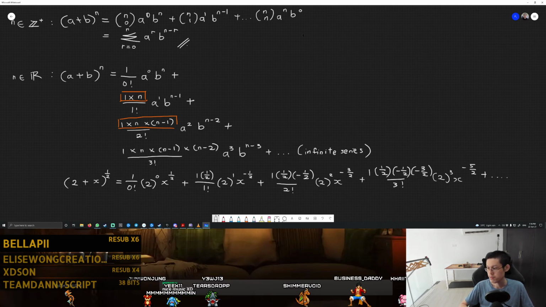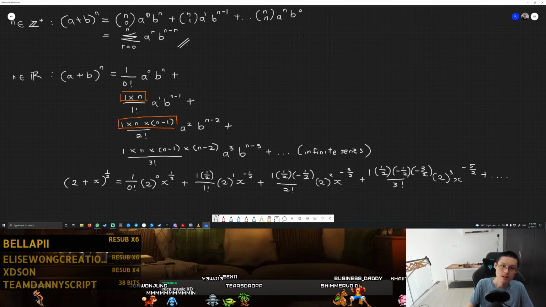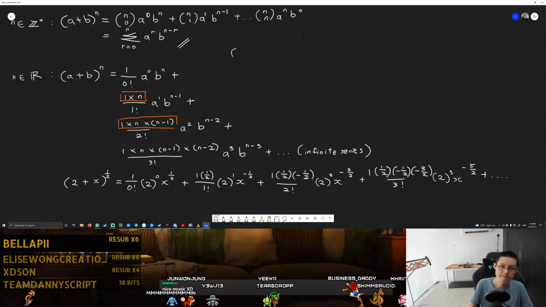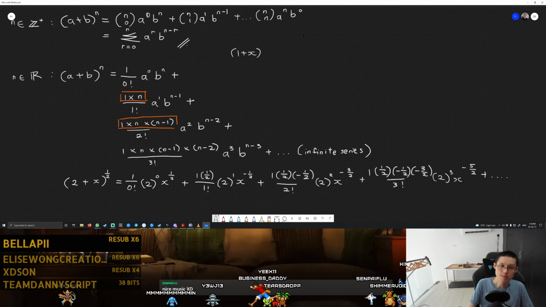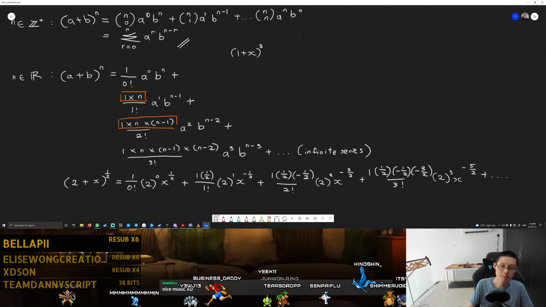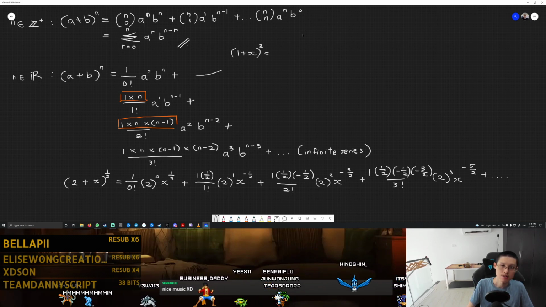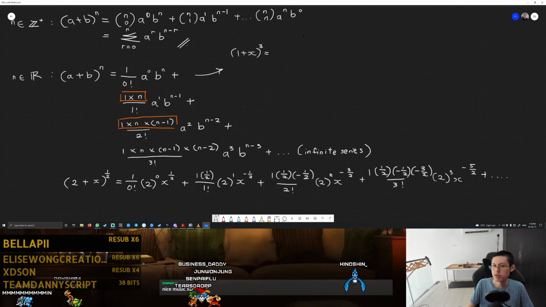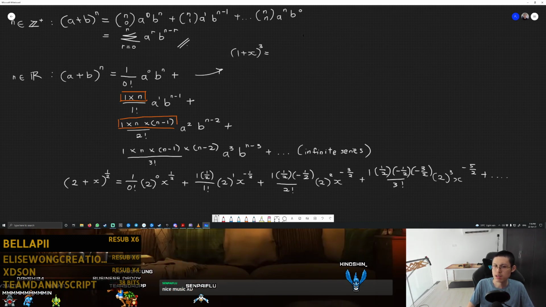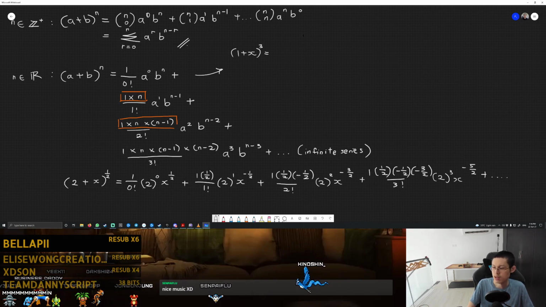For example, let's say I put (1 + x)^3. Okay, and I'm going to expand this using the general binomial expansion. So using the regular binomial expansion, we kind of know what we're going to get, right? But using the general one, are we going to get the same thing? We should, because maths, well, it should be consistent.